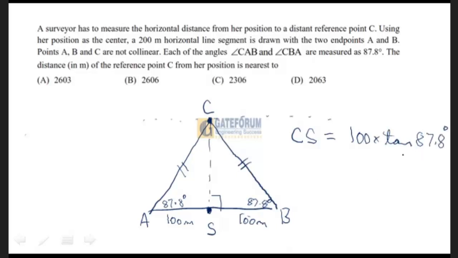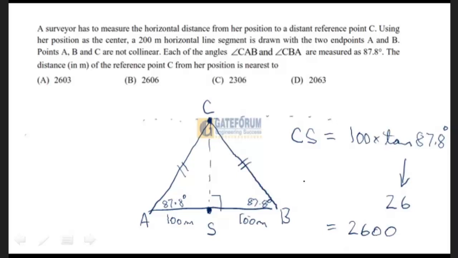Now if you also have a scientific calculator at your disposal, tan of 87.8 degrees is approximately equal to 26. So basically the length of this would be 100 into 26, that is 2600.